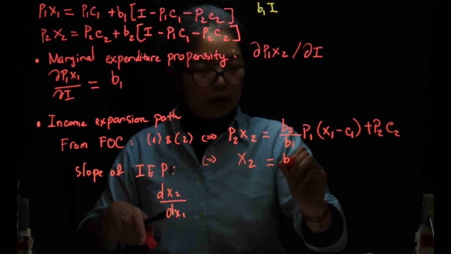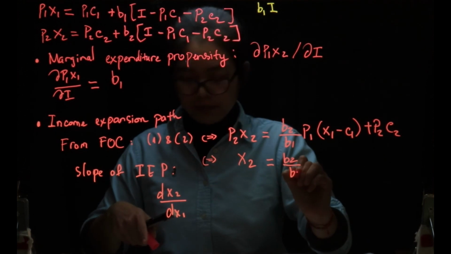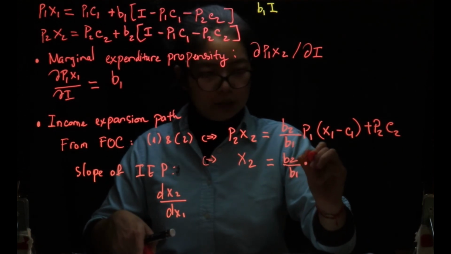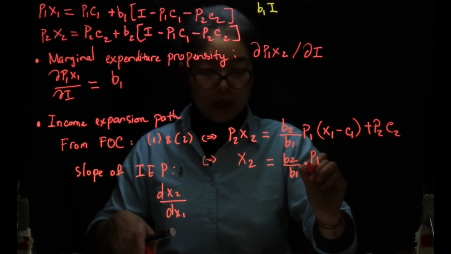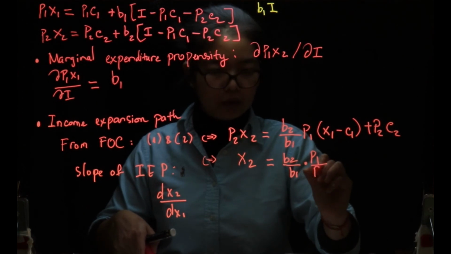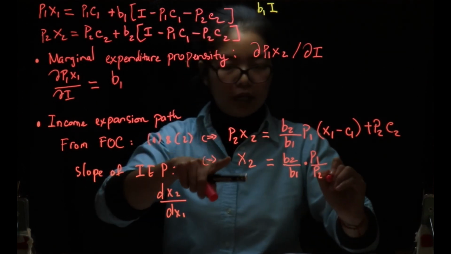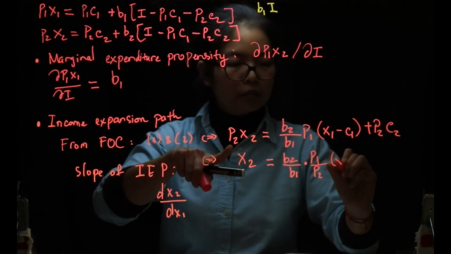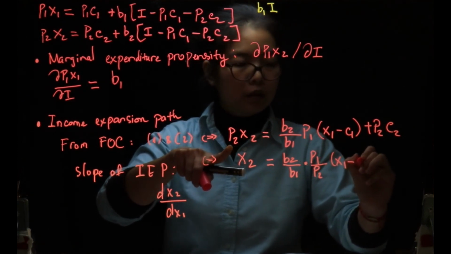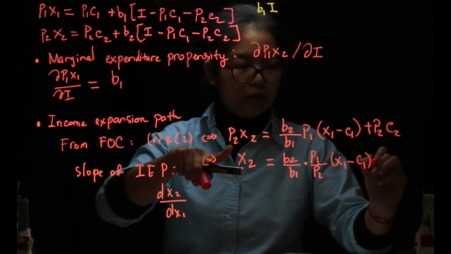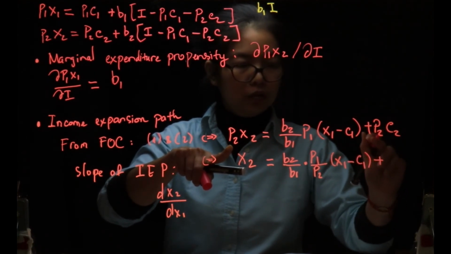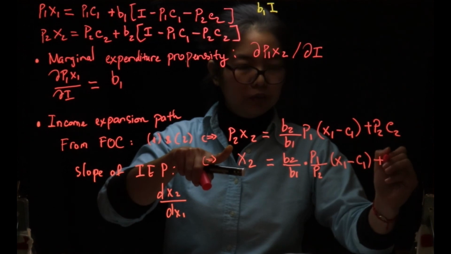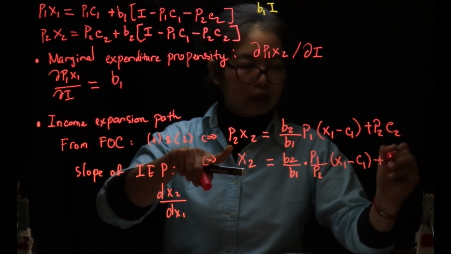So b2 over b1 times P1 over P2, dividing both sides by P2. Then times X1 minus C1 plus P2 divided by P2, gone, right?